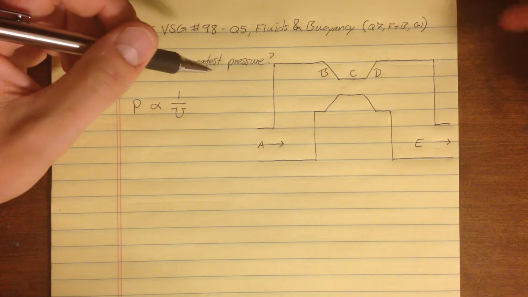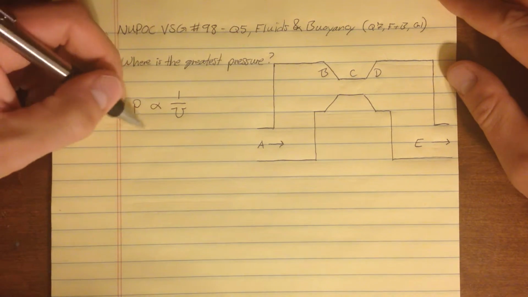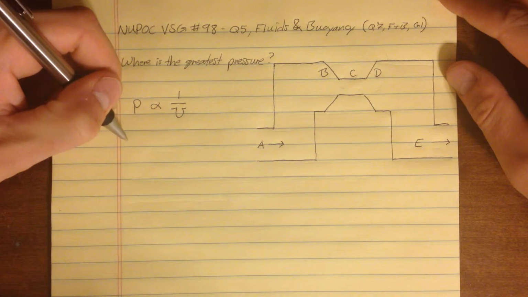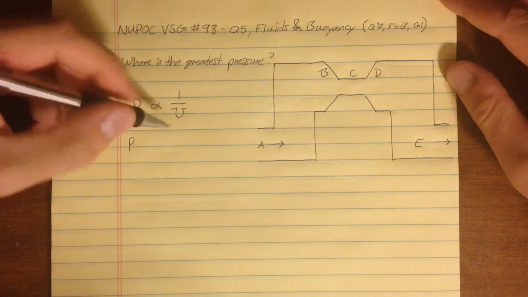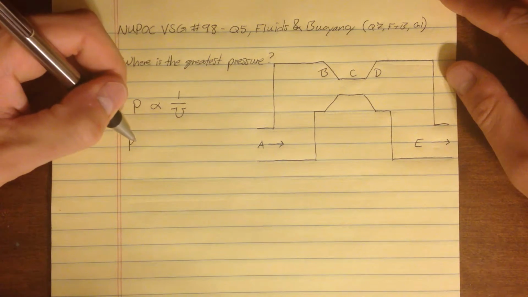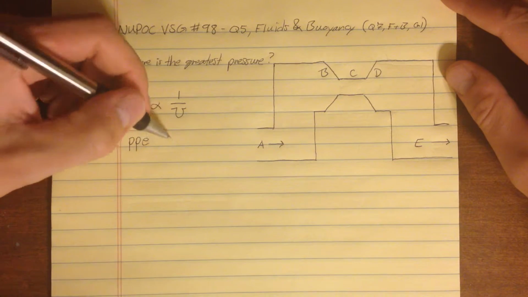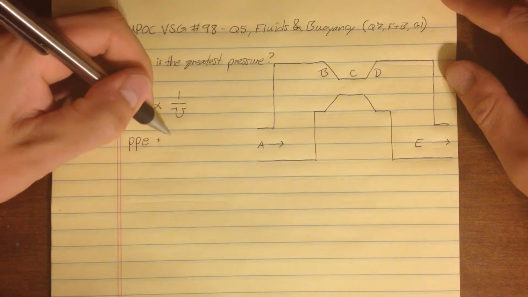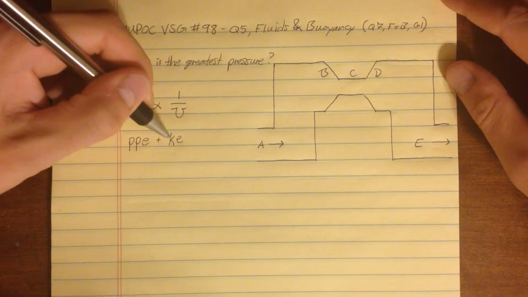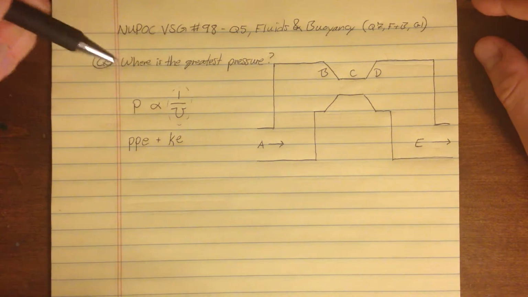And the total energy in the fluid at any point is the potential energy due to the pressure, or pressure potential energy, or PPE, plus the kinetic energy, which is related to V squared.